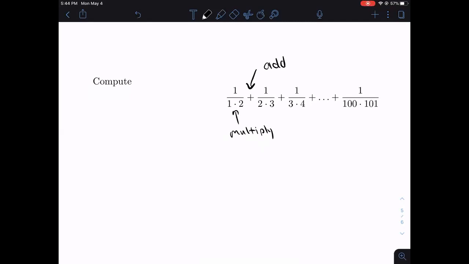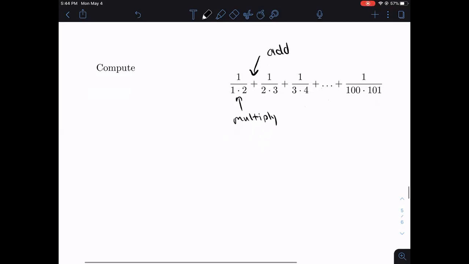Yeah, so nothing cancels at first, but the key idea is noticing, let's compute 1 over n minus 1 over n plus 1. So we have a common denominator and we just subtract.